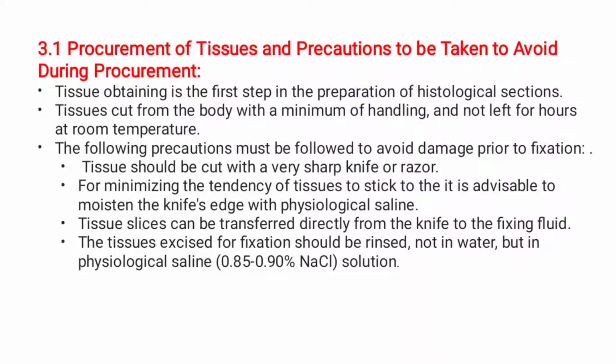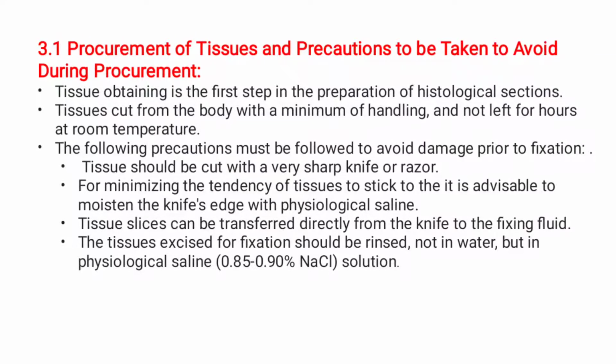Tissue obtaining is the first step in the preparation of the histological sections. Tissue is cut from the body with a minimum of handling and not left for hours at room temperature. During the obtaining of the tissue, there are some precautions that are essential to avoid tissue damage prior to fixation.